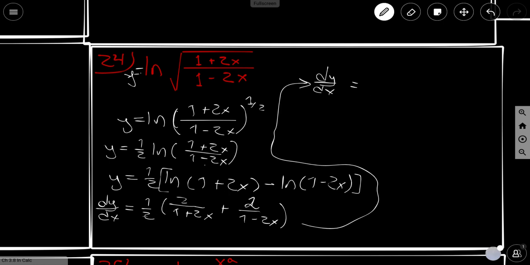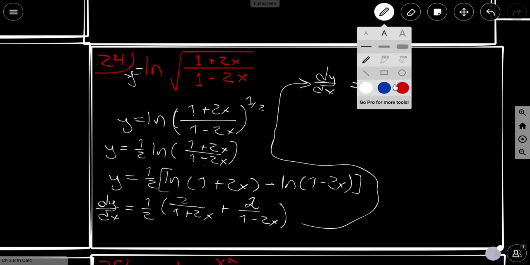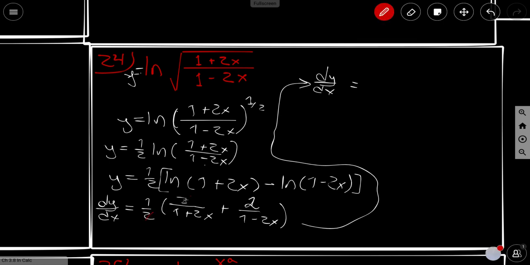So there's a 2 here, and it's going to cancel out with both the 2's there. Just going to go ahead and cross that out. Because if you distribute the 1/2 to each term, the 2's cancel. So that leaves us with 1 over 1 plus 2x plus.